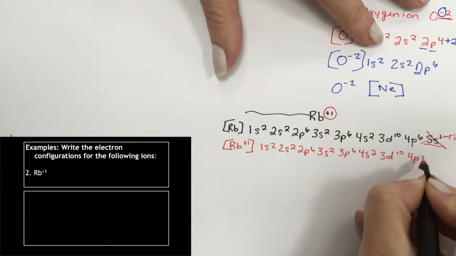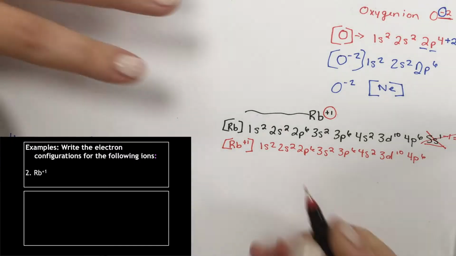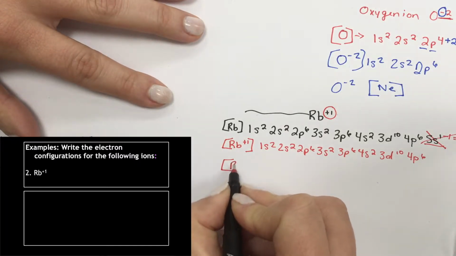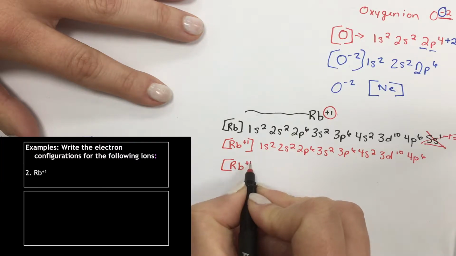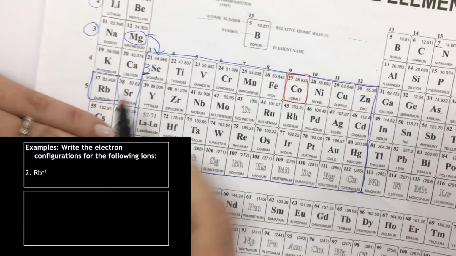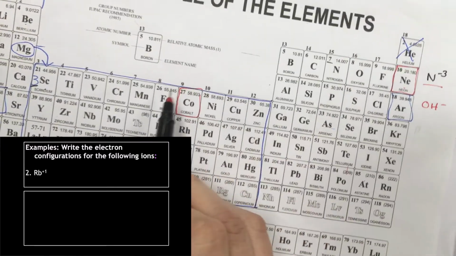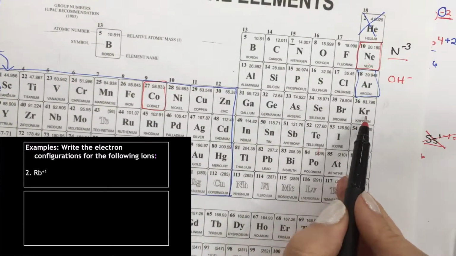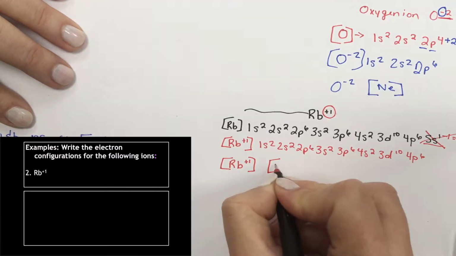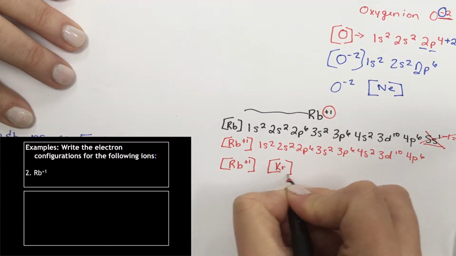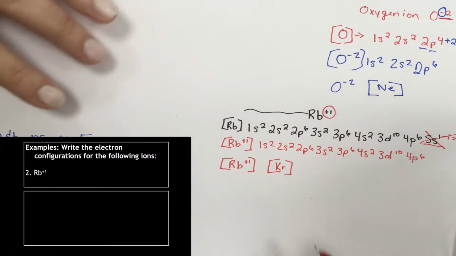and 4p6. Now, if the test asks you for the noble gas configuration of rubidium, you just go all the way to the right, and you have krypton. That is your noble gas configuration. It is isoelectronic with krypton, okay?